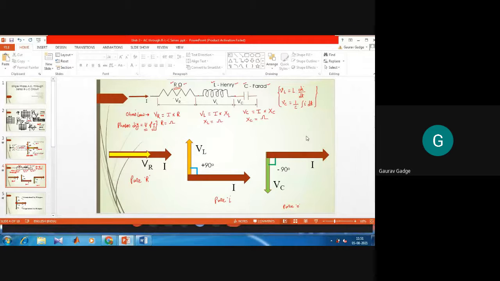So it means we are getting a three-phasor diagram, where current I is the same as it passes through each element in the series RLC circuit. So if I is the same, considering I as the reference phasor, we are making the phasor diagram for VR-I, VL-I, and VC-I. The phasor diagram is always plotted only for voltage and current, that is, between voltage and current, not for the elements resistance, inductance and capacitance.